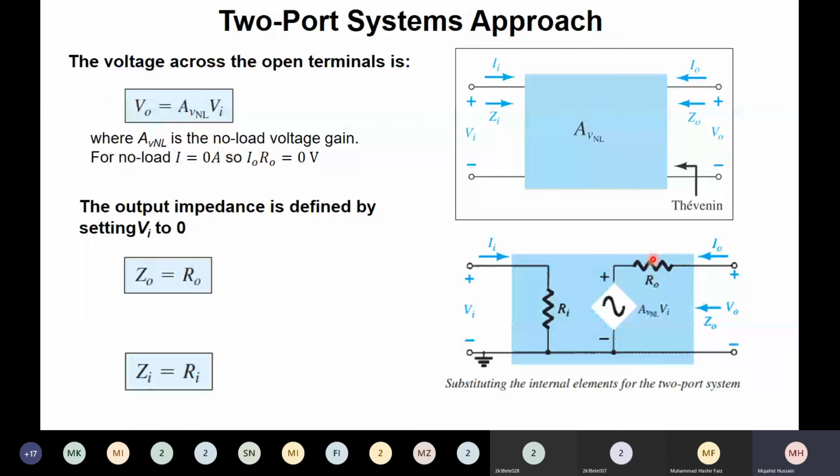So all of this voltage will be appearing at the output side. So we can say that V naught will be equal to A times V when there is no load. So no load current क्या होगा, 0 होगा. So इस R naught के क्रॉस तो कुछ भी ड्रॉप नहीं होगा, तो ये सारा का सारा जो voltage है, it will be appearing at the output side. That's why we have written this equation that V naught will be equal to A times V.